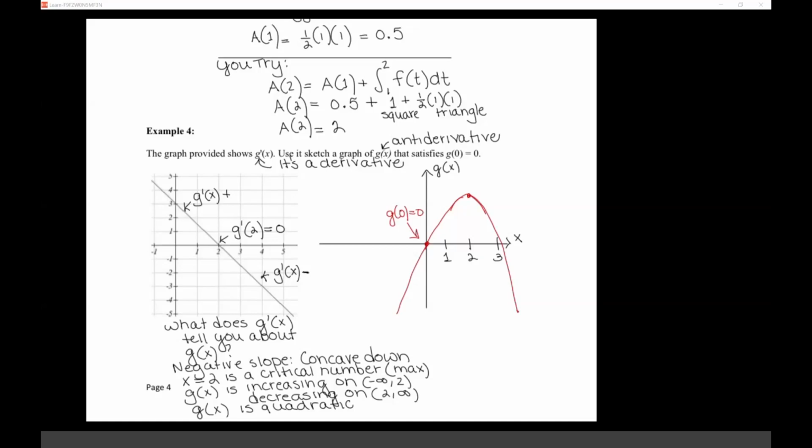Okay, all of this information is what you learned during the first half of the semester. Again, it's the same business of, let me give you the graph of the rate function. Can you build the total function? Can you go backwards and give me the antiderivative function? That's all this is.